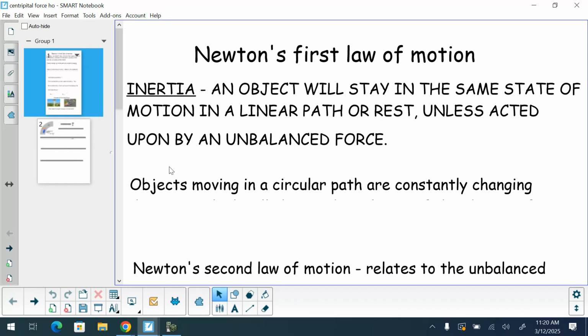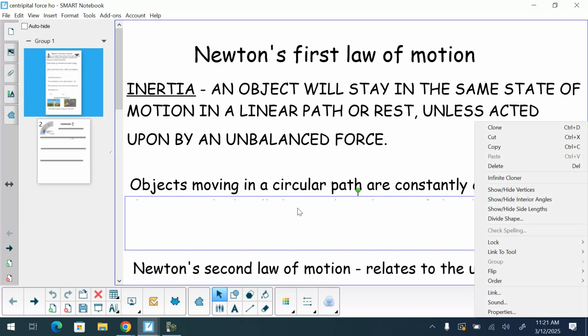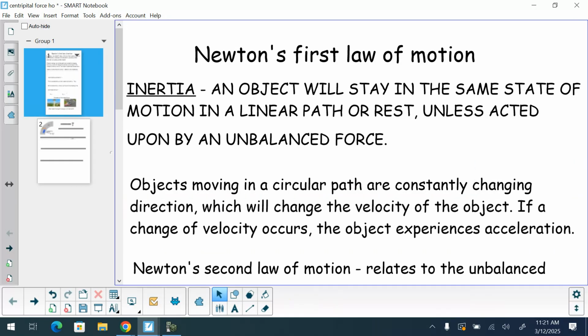All right, inertia: an object in motion stays in motion, and an object at rest stays at rest, unless acted upon by an unbalanced force. Objects moving in a circular path are constantly changing direction, which means the velocity of the object is changing. When the velocity changes, the object experiences acceleration.